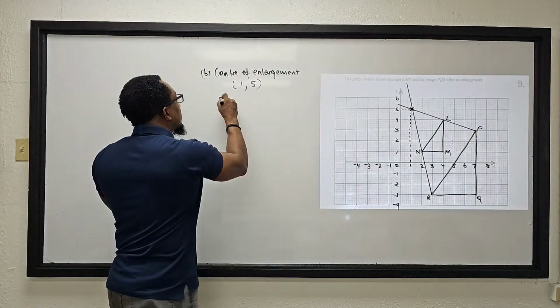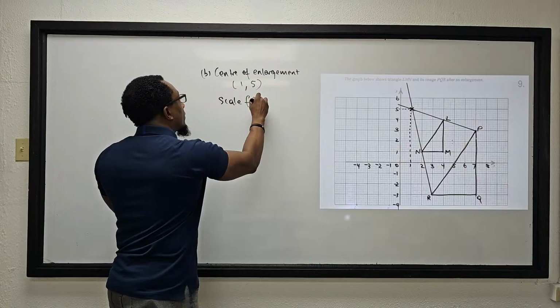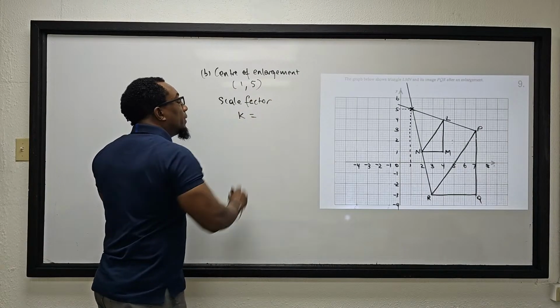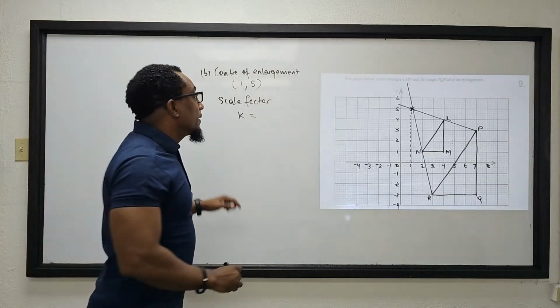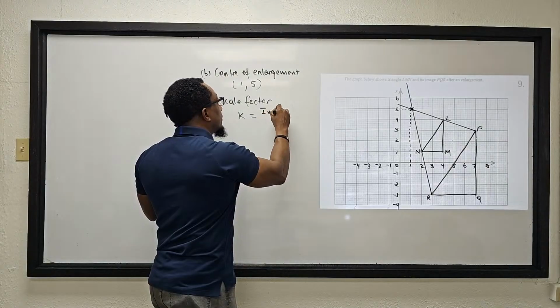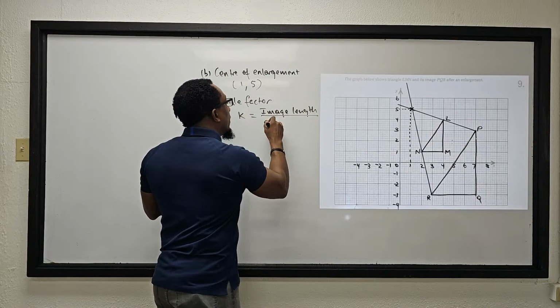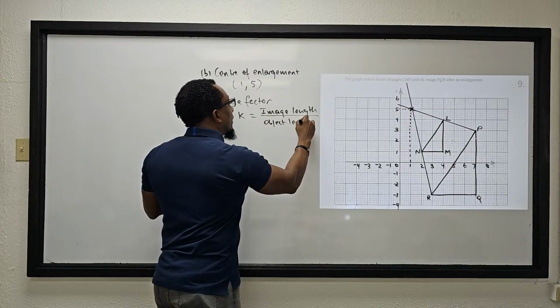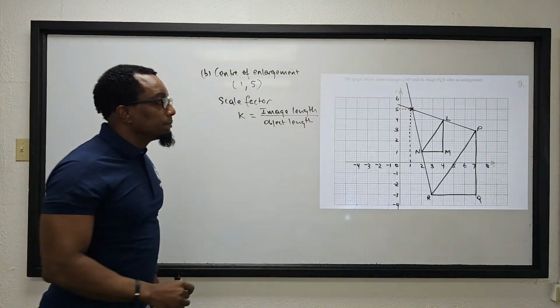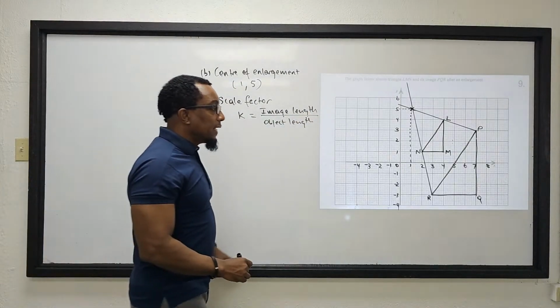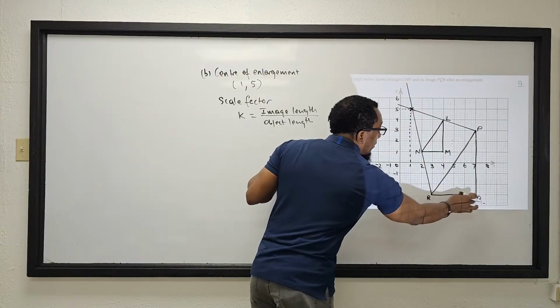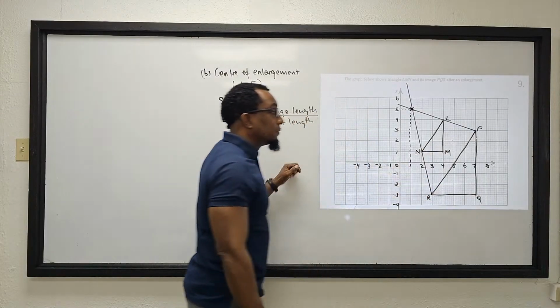The scale factor, which is denoted by the letter K, is simply the image length divided by the object length. If you want to take RQ and NM, no problem.